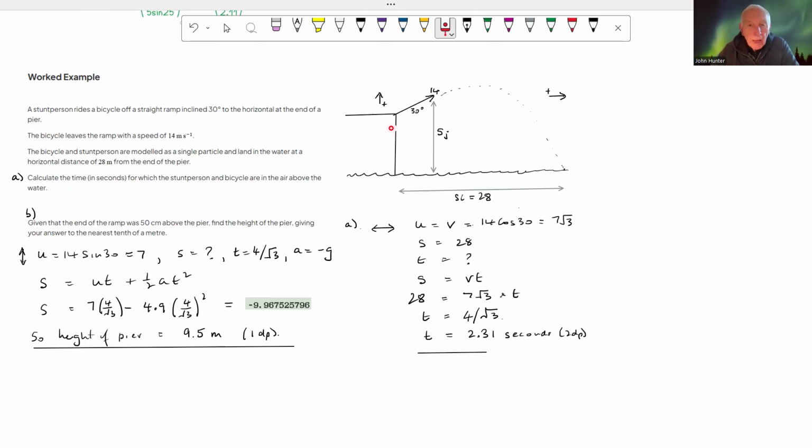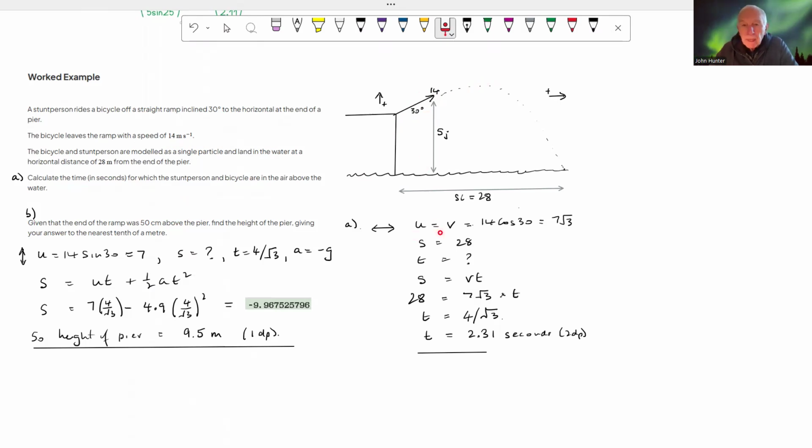Basically, this is the person scooting off the end of this ramp. It's rather out of scale, really, but they're going off at 14 meters per second at 30 degrees.